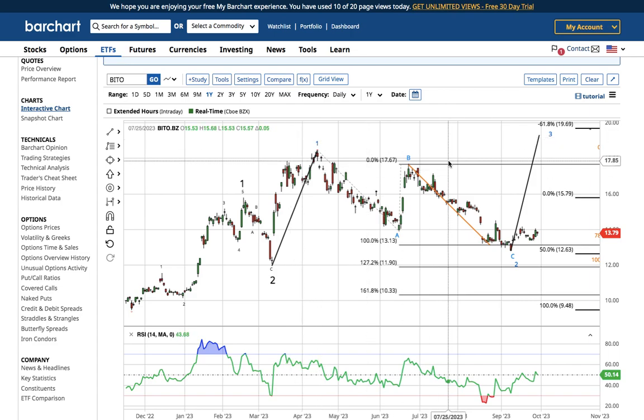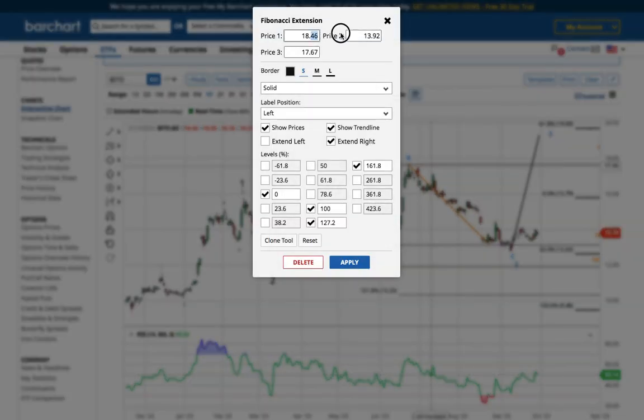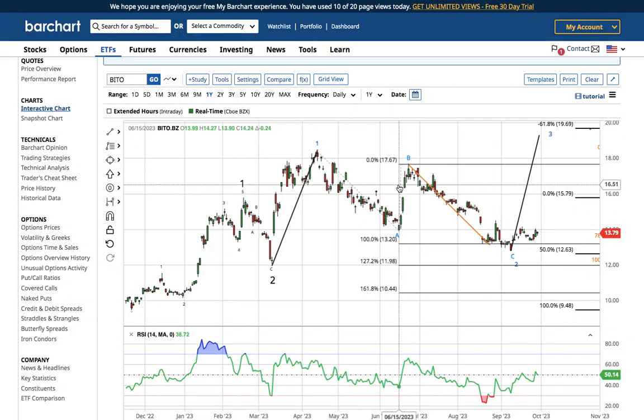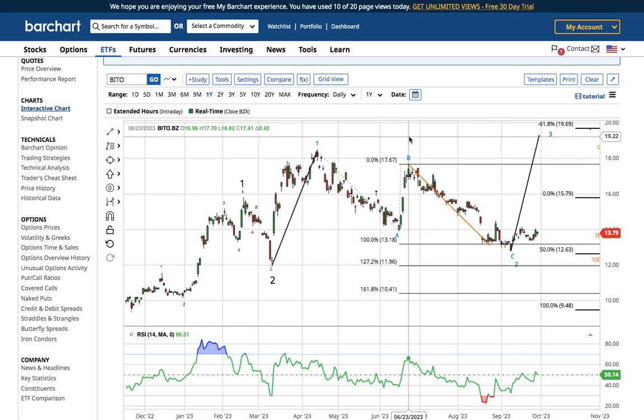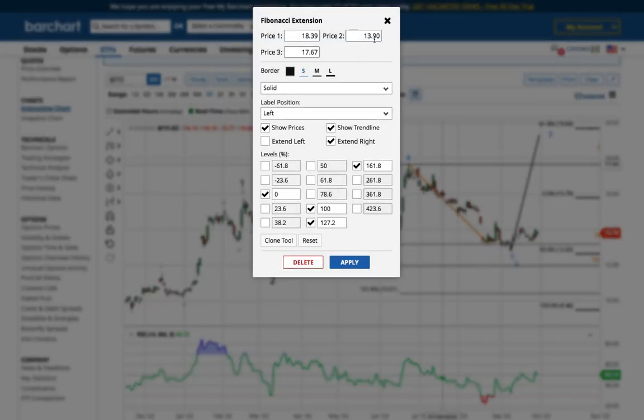The high is 18.39. The low is 13.90. The high is 17.70. So that's where these numbers are going to come from.